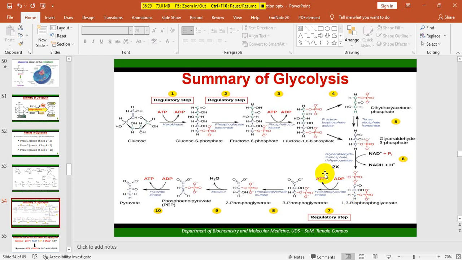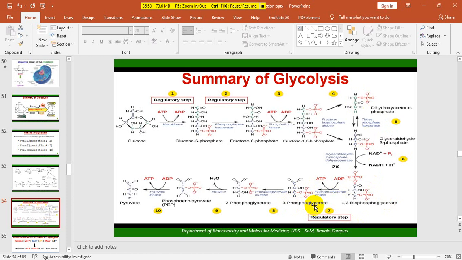Then ATP is produced. ADP went inside, and we took this phosphate group and added it to ADP to produce ATP. So now we have produced 1 ATP from 1,3-bisphosphoglycerate. This is 1, there are 2. We've used 1 to produce ATP.